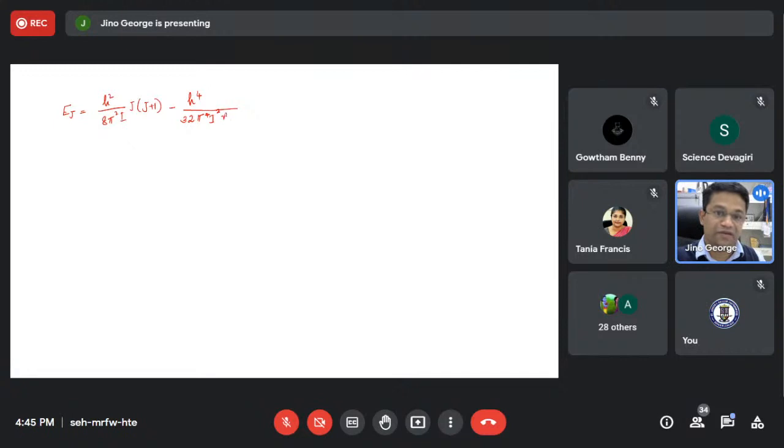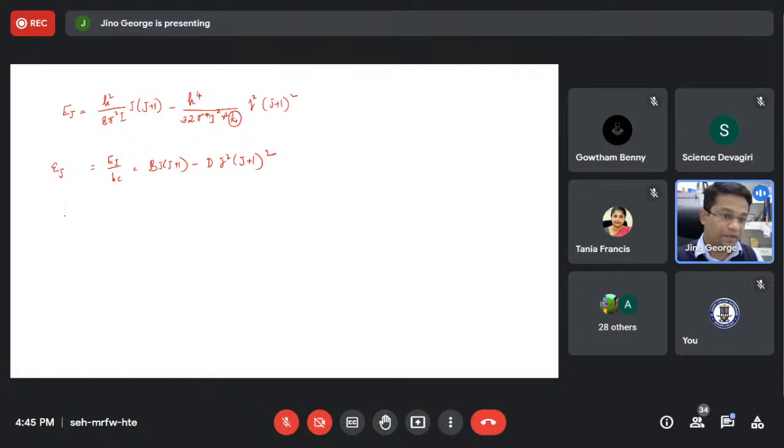I am just skipping it and instead writing: this will have J square into J plus 1 whole square term. Here this k is the force constant, and I will write this expression simply this way, E_J by hc, which is equivalent to B into J into J plus 1 minus D into J square into J plus 1 whole square.